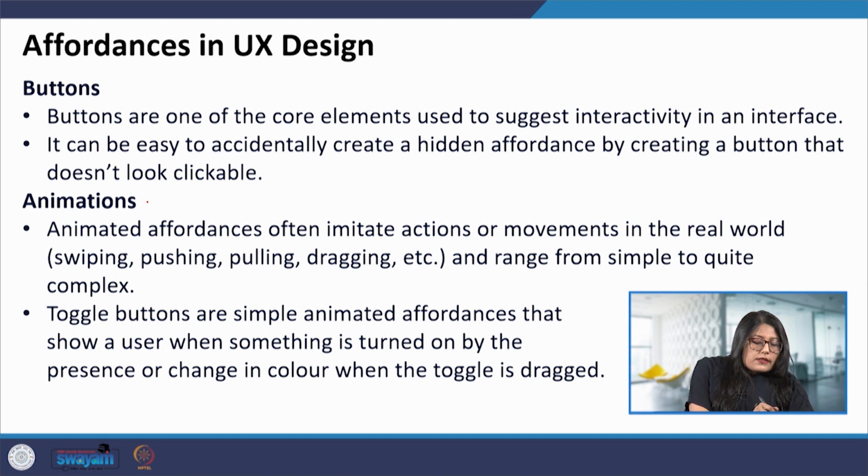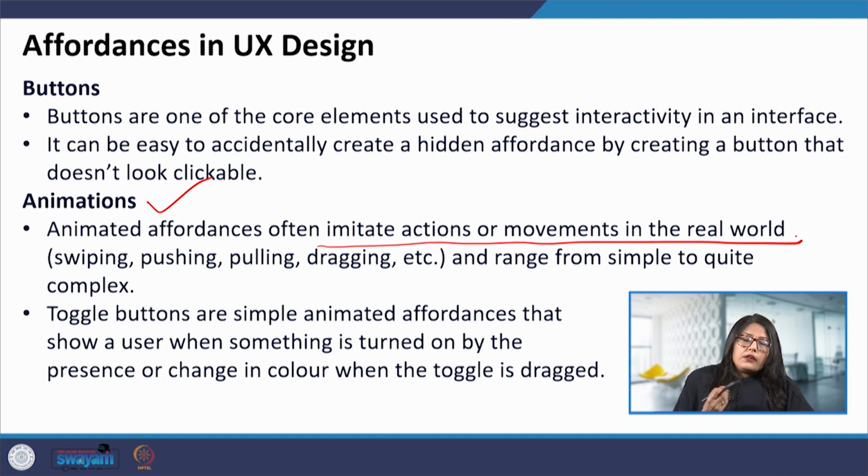The next is the animation. Animated affordances generally imitate actions or movements in the real world, and here actions like swiping, pushing, pulling, dragging, etc. are carried out, and we can have very simple animations to very complex animations, and we will see some of these in the later slides. Now, a simple example of animation is a toggle button.